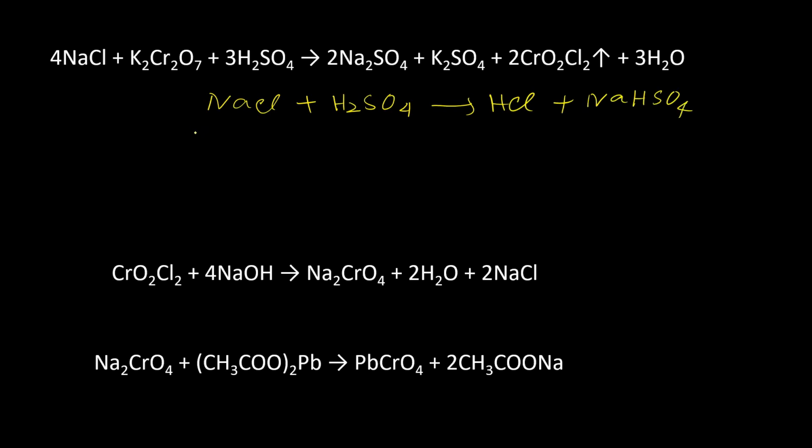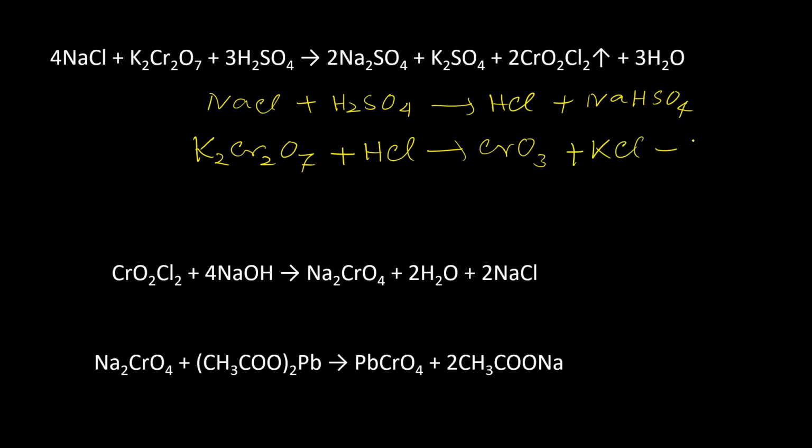This hydrogen chloride reacts with dichromate, K2Cr2O7 plus HCl. Then it forms chromium trioxide plus here it will be KCl, potassium chloride, and plus water.